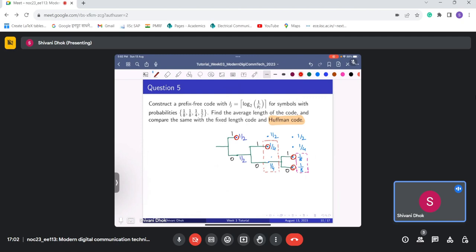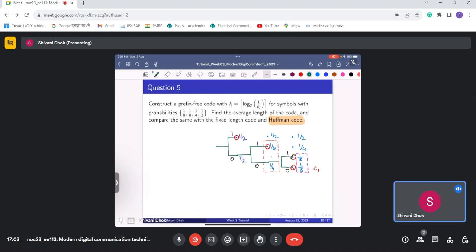Now this leaf node corresponds to this symbol C1. This leaf node corresponds to symbol C2. This leaf node corresponds to symbol C3. I'm sorry, this is opposite. Extremely sorry. So this leaf node here corresponds to symbol C1, this one.